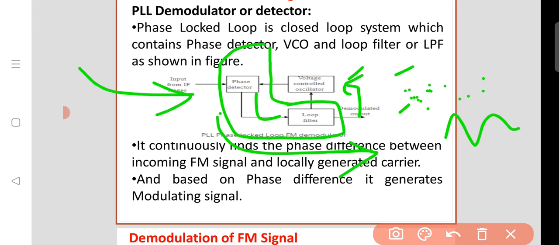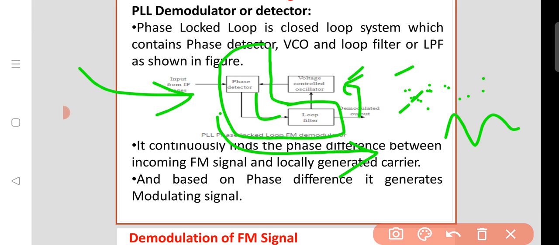By comparing again in this way, the frequency of the VCO is made equal to the frequency of the input signal. So it adjusts time to time and settles 90 degrees out of phase with the input signal, and thus locks the phase of the input signal. Hence the arrangement is known as a phase locked loop.